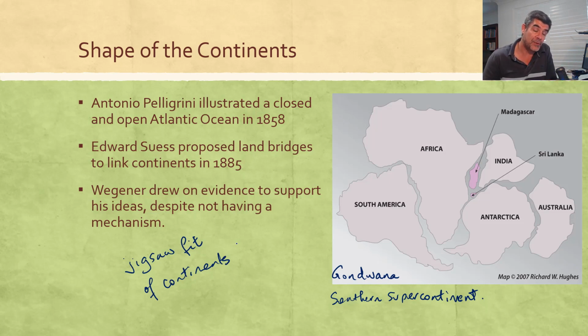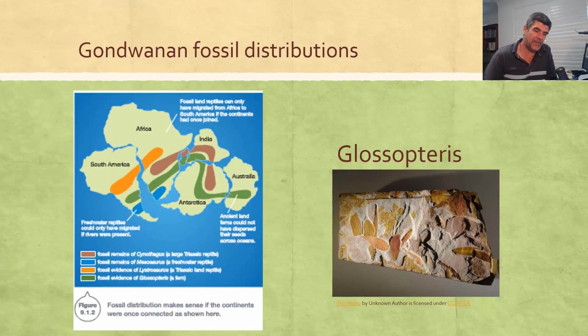Then you've got an idea of the first area of evidence that Wegener introduced. The second piece of evidence that he based continental drift on was the idea of rock and fossil distributions. So he looked at rock types, had some understanding of the rock cycle and how different rock types are formed.